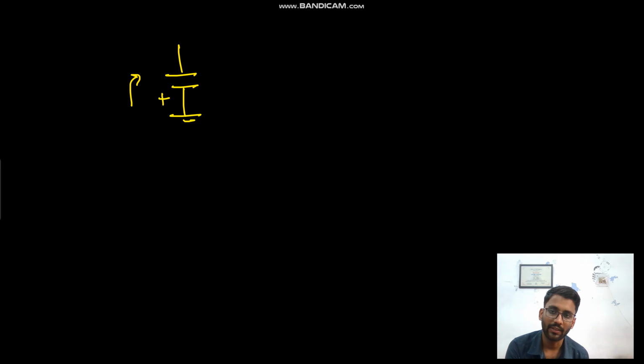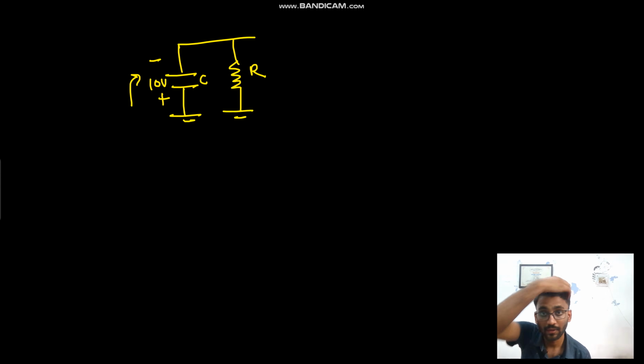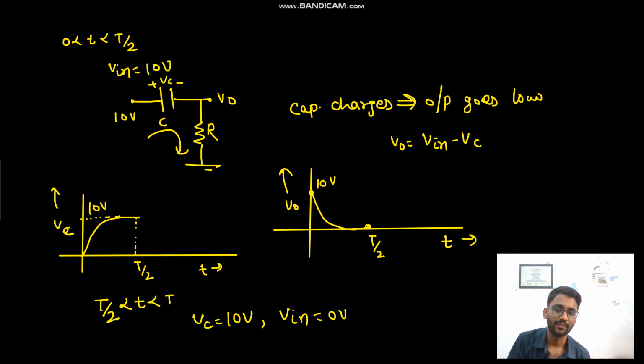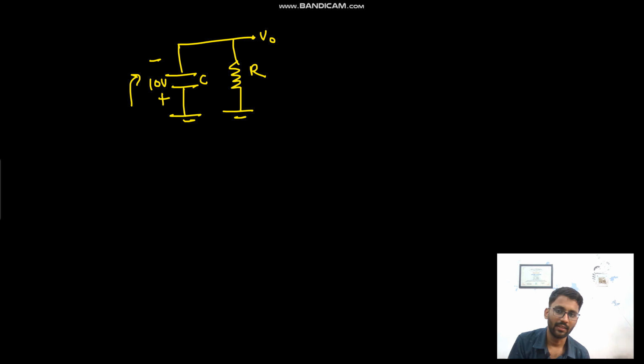So we will have 10 volt in this direction, and here we will have R. This is V0. Your capacitor was charged to 10 volt. Now V in is 0, so in this direction we will have 10 volt and here we will have V0. So now what happens is the capacitor discharges.